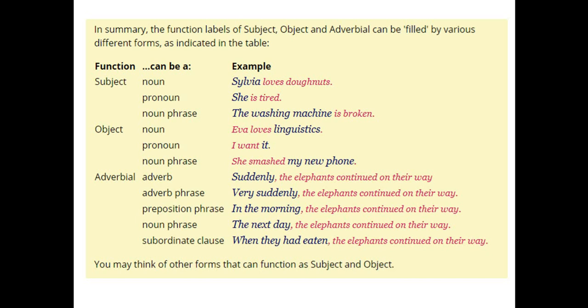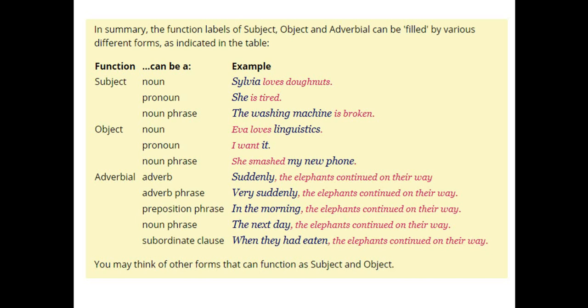Very suddenly is an adverbial expressed with an adverb phrase. In the morning the elephants continued on their way. Here the adverbial in the morning is expressed with a preposition phrase. The next day the elephants continued on their way. The next day is an adverbial expressed with a noun phrase.